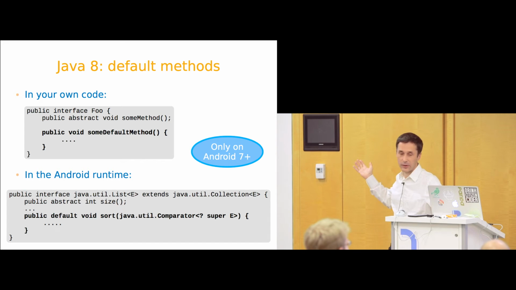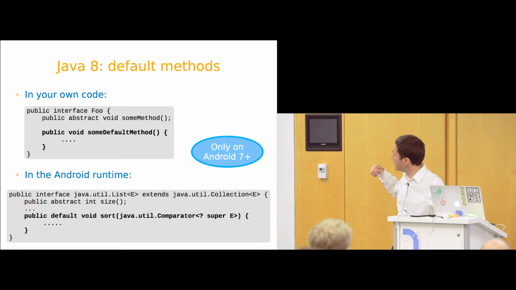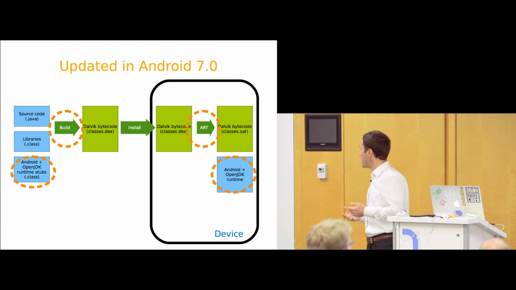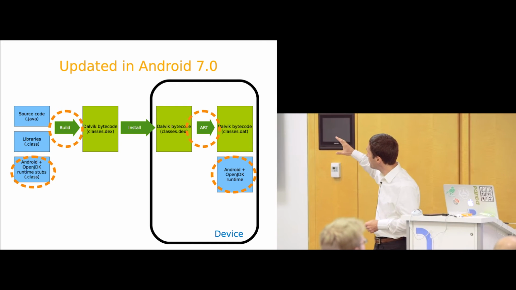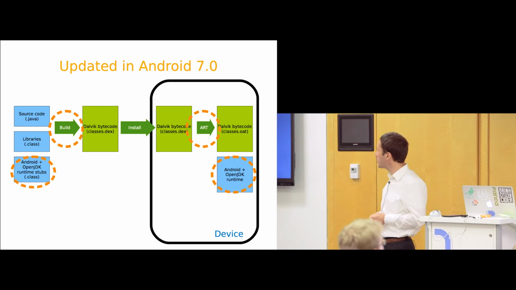But in Android 7, you can also make use of the other features that these default methods support, like the streaming API. That's a common example. So if you look at the changes that were made for Android 7, there are, of course, the changes in the build system that I've been talking about.